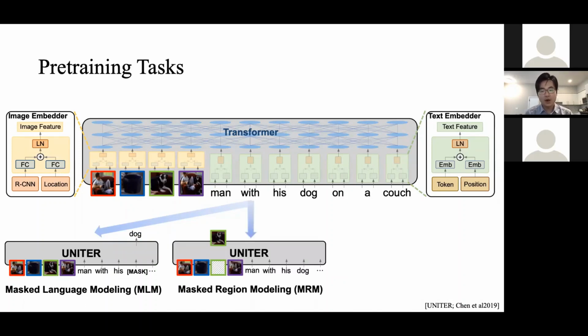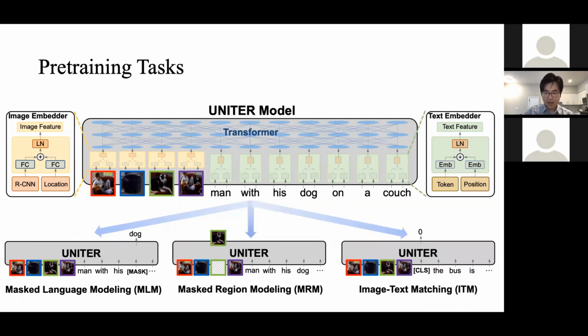Similarly, we could also randomly mask out the visual regions and let the model recover the missing regions. That's our second pre-training task, which is masked region modeling. The third pre-training task is called image text matching. During training, we sample a positive pair of image and text or a negative pair of image and text, and we let the model predict whether they are paired or not.